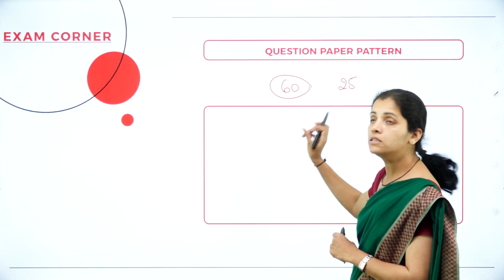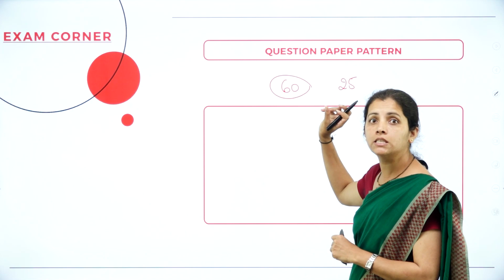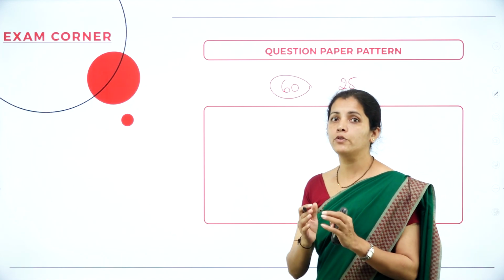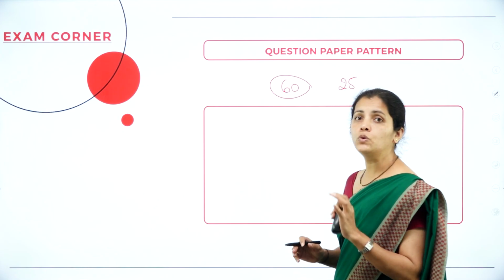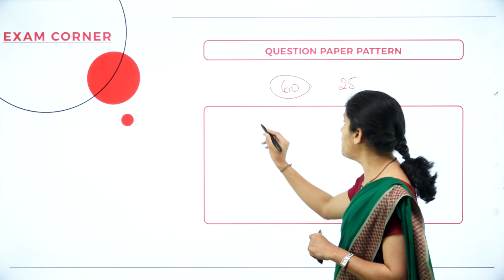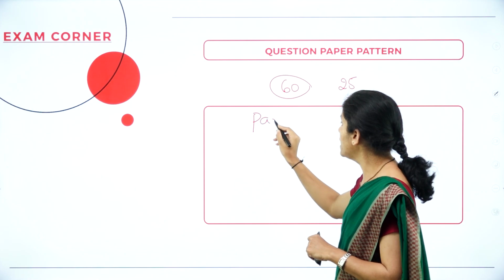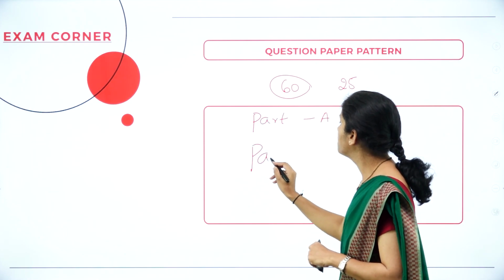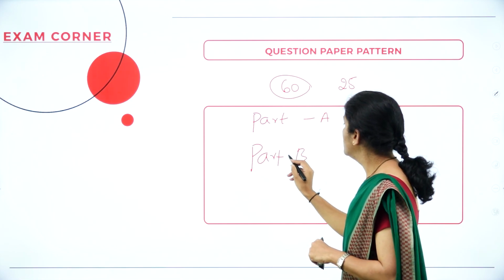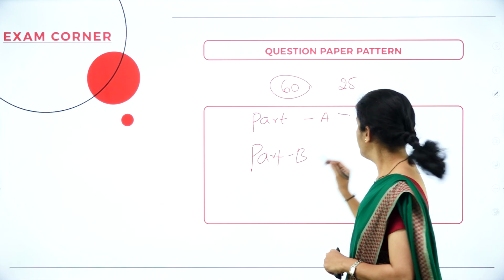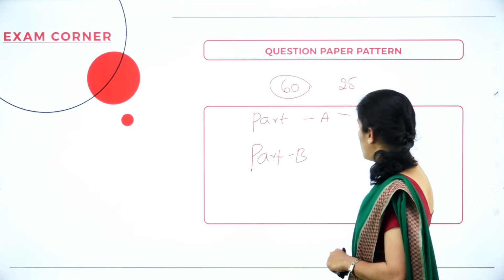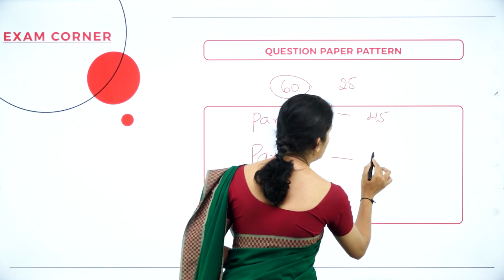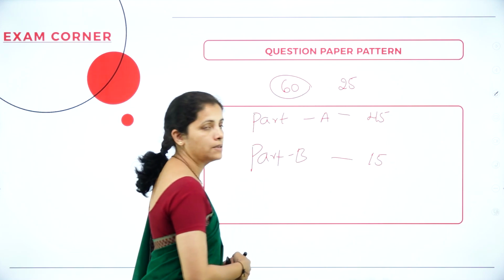And how are these 60 marks divided? If I consider the C program question paper, we have two parts, part A and part B. From part A, 45 marks, and part B, 15 marks.